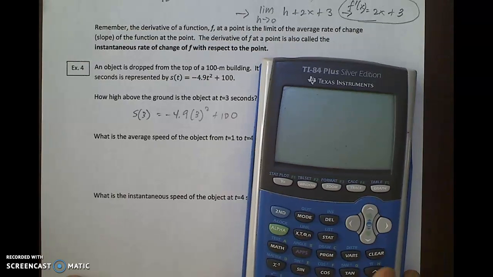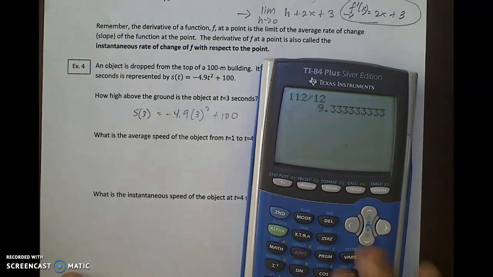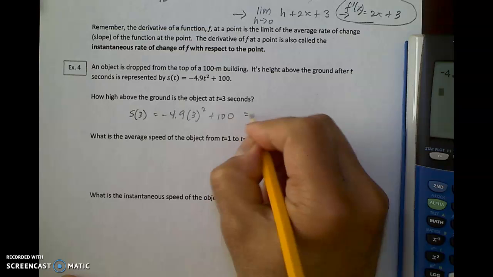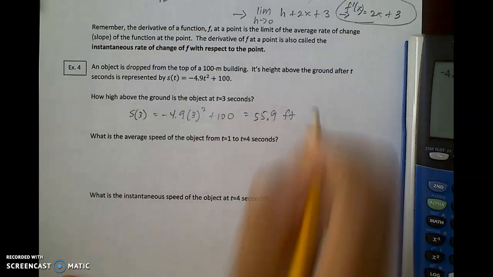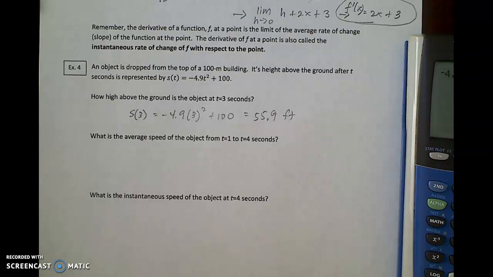Negative 4.9 times 3 squared plus 100 is 55.9. So at 3 seconds, this object is 55.9 meters above the ground.